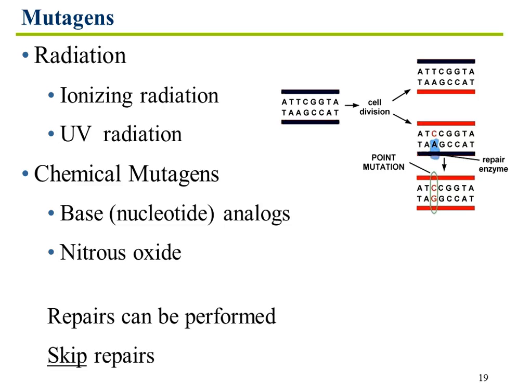So you have chemical mutagens, and you've got radiation that is mutagenic. In the realm of radiation, you've got ionizing radiation like X-ray and gamma, and UV radiation, of course, meaning ultraviolet. Ultraviolet radiation causes adjacent thymines to bond to each other.